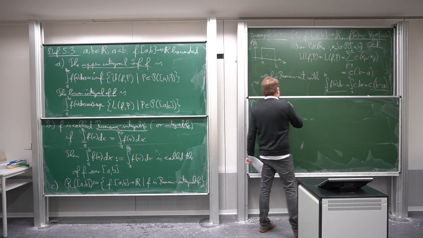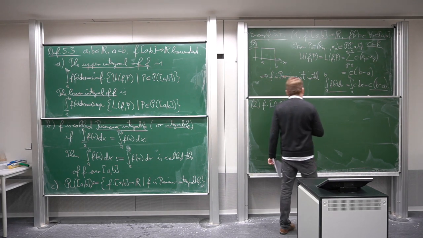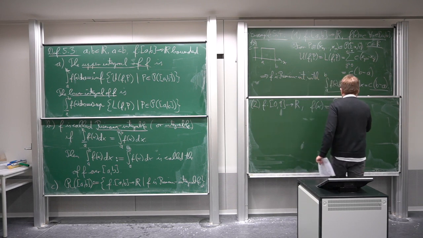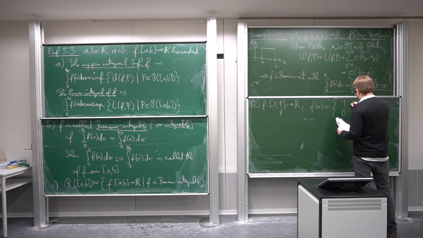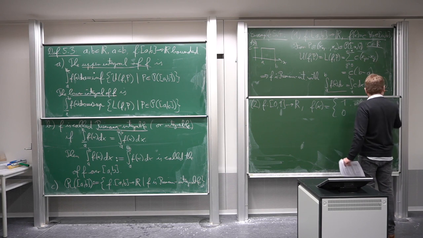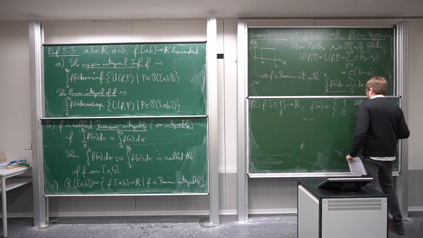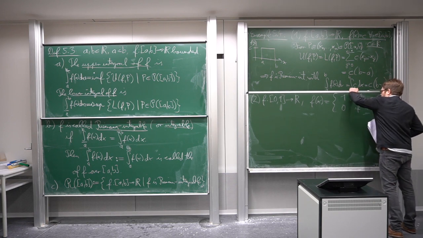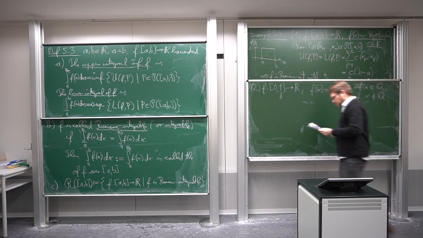We take the function from the interval [0, 1] to R, which is defined in a funny way. f(x) only has two values, 1 or 0: it's 1 if x is a rational number, and 0 if x is not a rational number. This is a function that is impossible to draw, because we have so many different values, some 1 or 0.